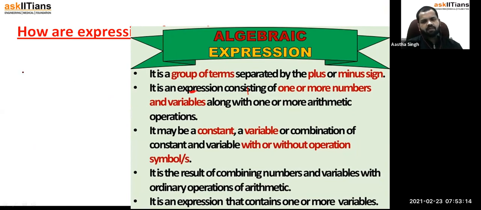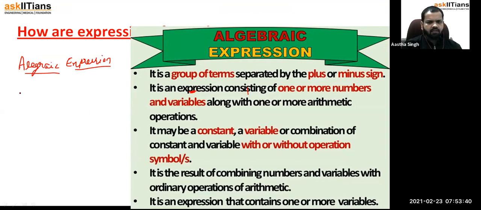An algebraic expression is separated by a plus or minus sign. It is basically a group of terms. So, a group of terms separated by plus or minus, we have already understood the algebraic expression.